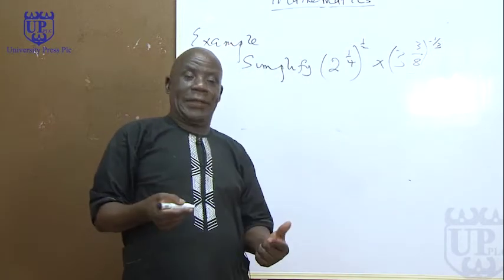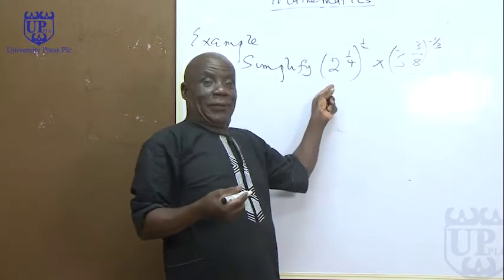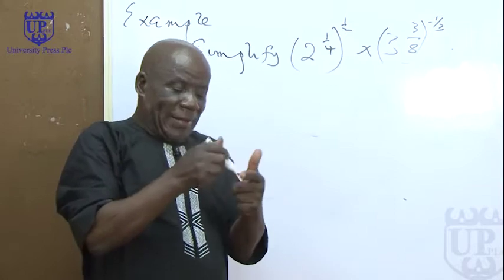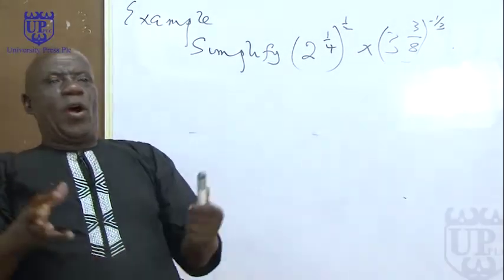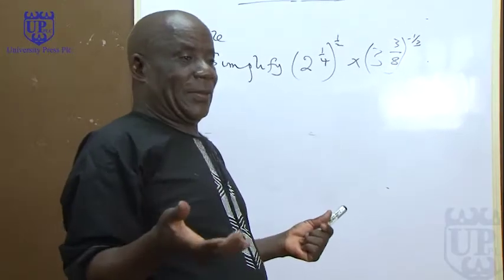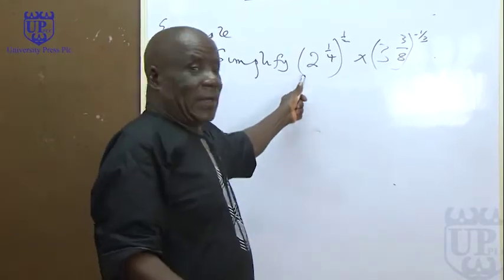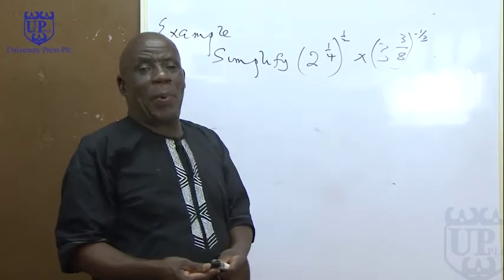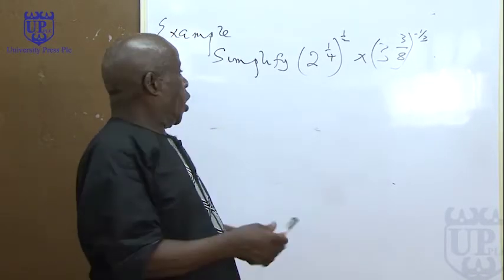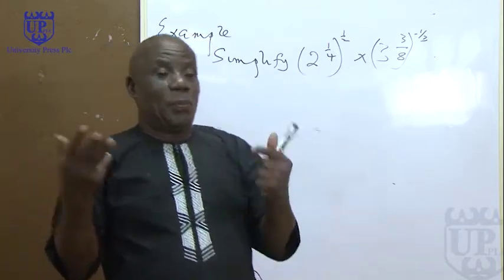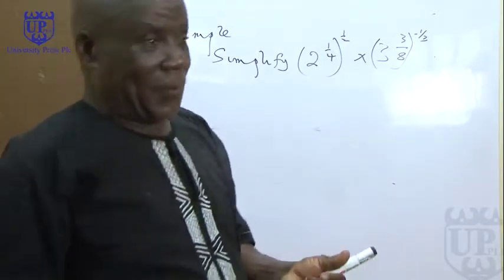We are dealing with indices. Though this is a fraction, this is also a fraction raised to power. Now there is a way of dealing with just ordinary numbers or integers, but this is an exponential expression. This is also an exponential expression. We are not permitted to just start cancelling as we normally do when we are handling basic operations on fractions.